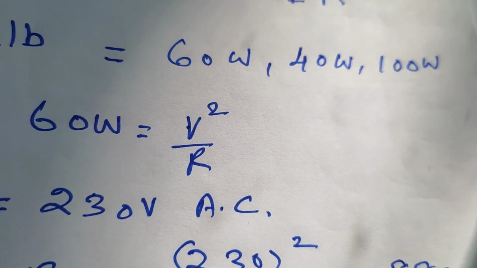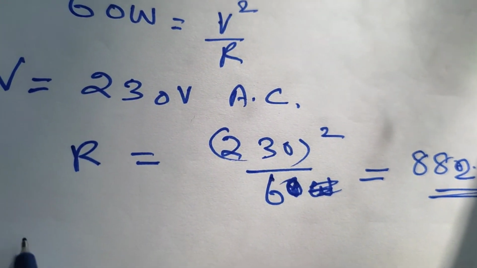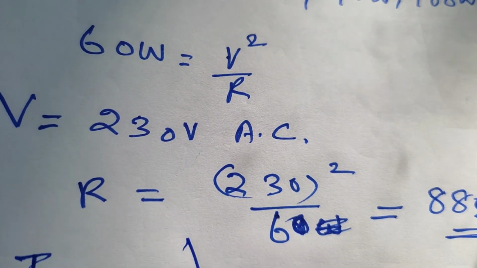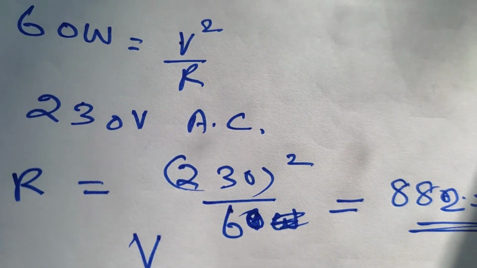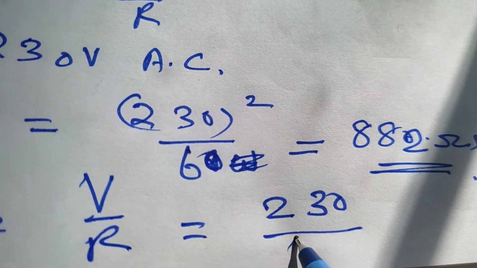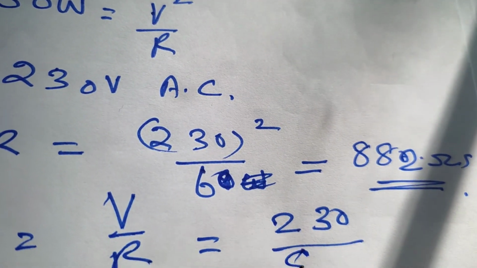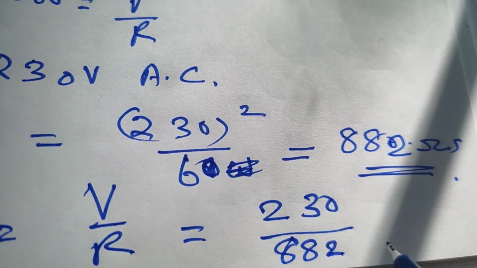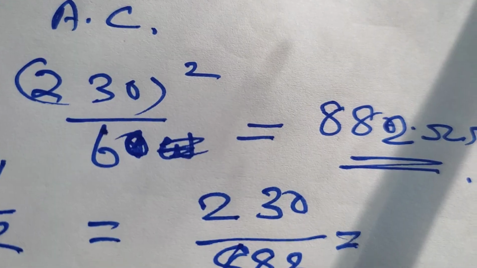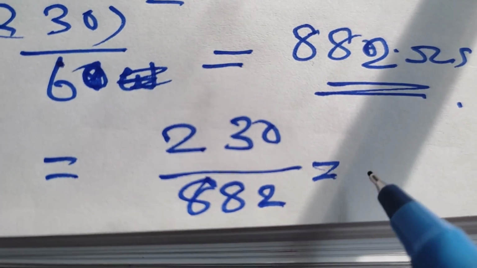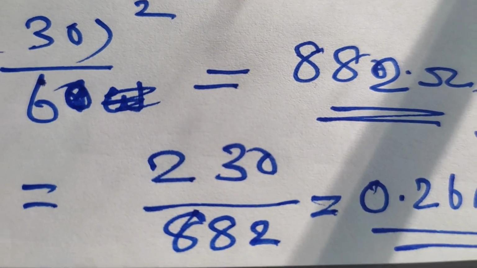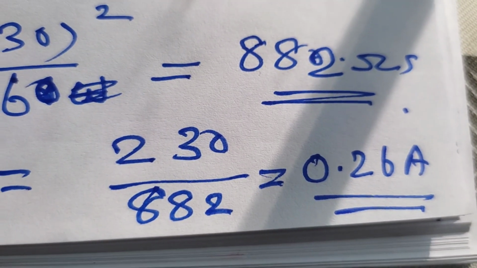And now we can see the current. How will you find the current? You know the equation V by R. Voltage we know is 230 volt, and the resistance is 882. So the current taken is 0.26 amps. What does it mean?